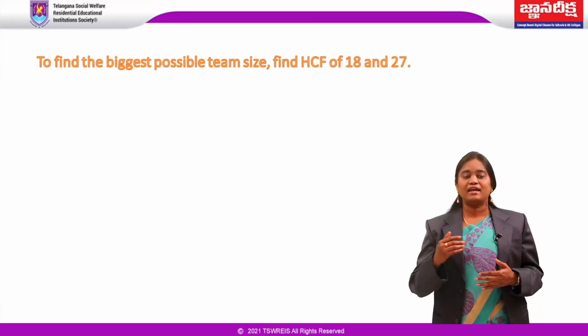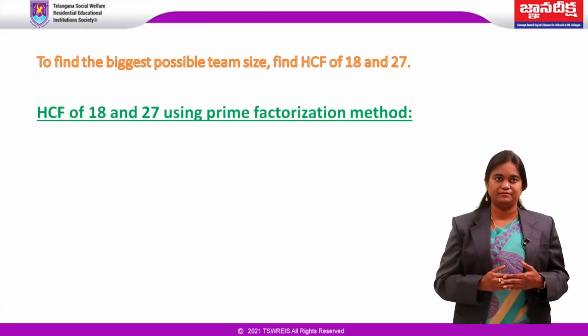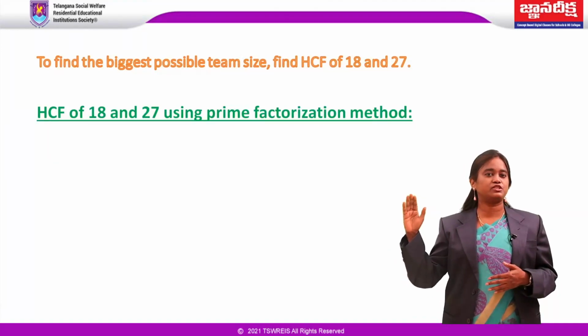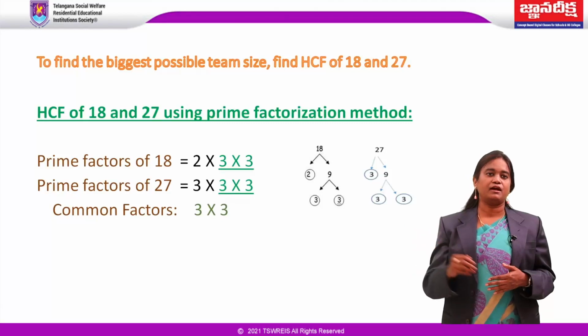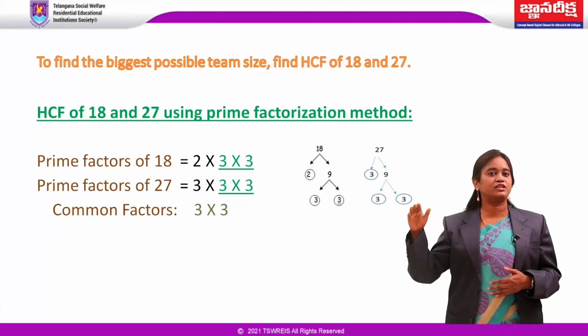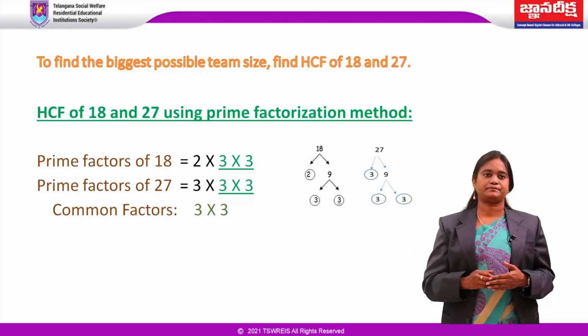Let's find HCF using the prime factorization method. Prime factors of 18 are 2 into 3 into 3. 2 3s are 6, 6 3s are 18. Prime factors of 27 are 3 into 3 into 3. 3 3s are 9, 9 3s are 27.